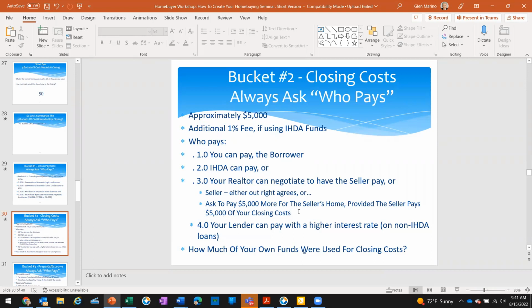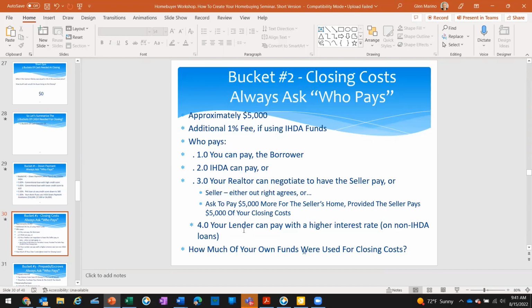And the caveat here is that the realtor is smart enough to have looked around at other comparables, provided that the house will appreciate for $5,000 more than what you originally agreed to pay for it. So if you agree on $300,000, you're now going to pay $305,000. Make sure that the realtor says, yes, I'm not an appraiser, but I believe there are comparables that this home will appraise out for at least $305,000.